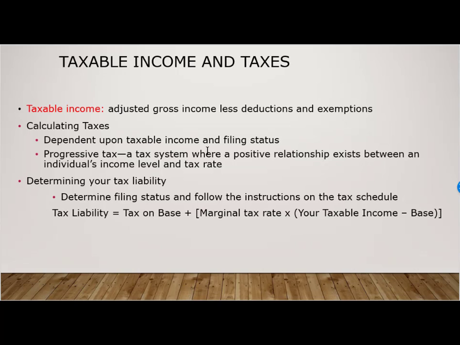So you'll hear people talk frequently about us having a progressive tax system. What this essentially means is as you make more money, the tax you pay goes up. So once you find out your filing status, we then have to calculate tax liability.